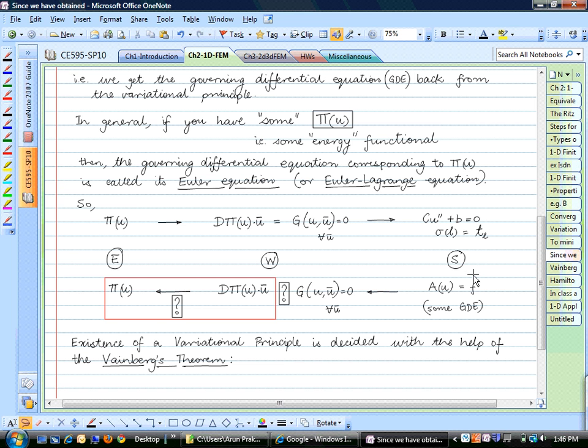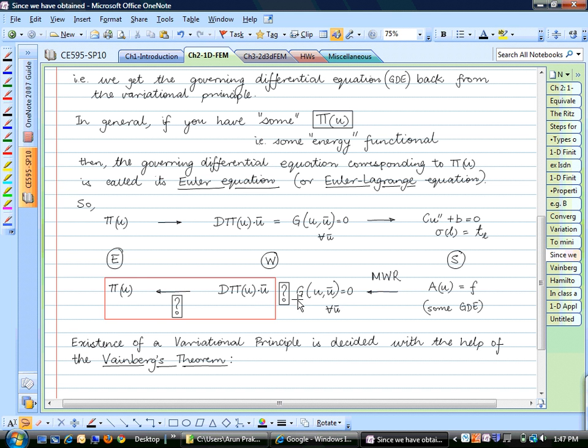So in general, if somebody gives you a differential equation which has this form, we know how to construct this, right? How do we do that? This is from the method of weighted residuals. If we do the method of weighted residuals, we can go from the governing differential equation to the weak form.